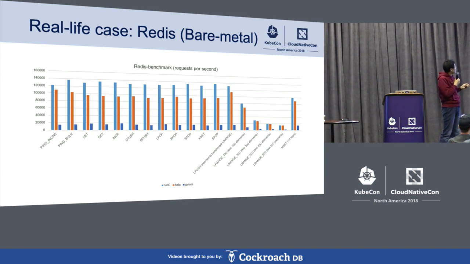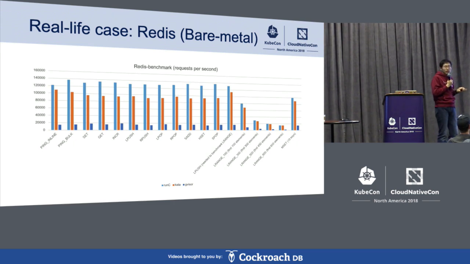For most of the different operations on the bare metal, Kata may have some gap in some of the operations, but in others they are quite similar. At least they stand at the same levels, right? But gVisor looks not so good.